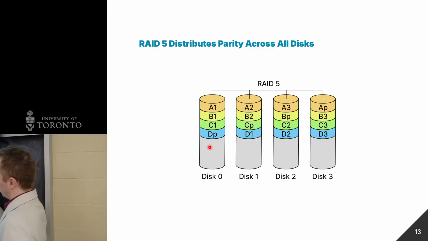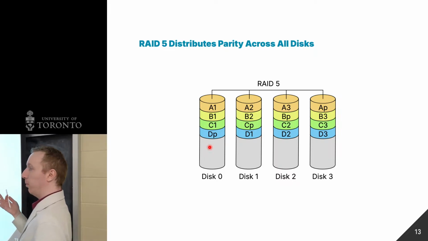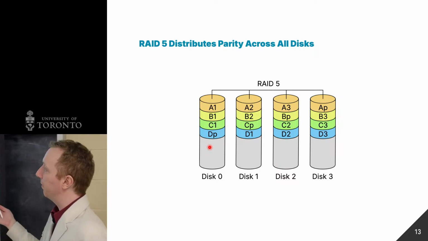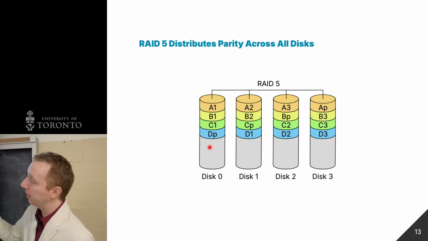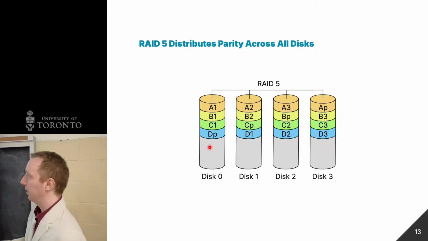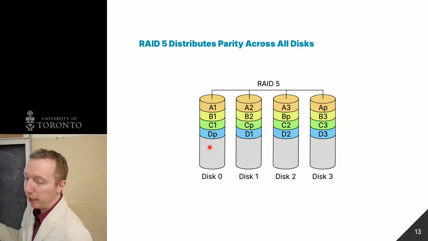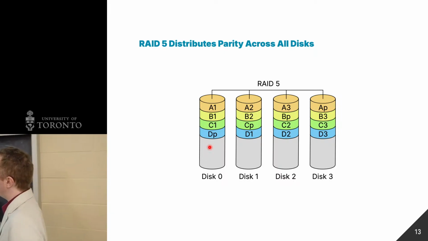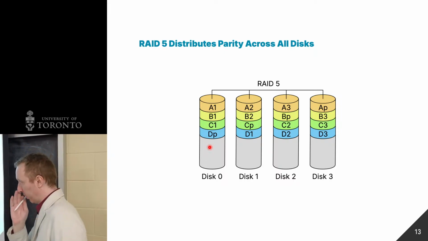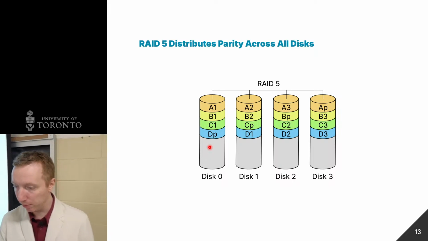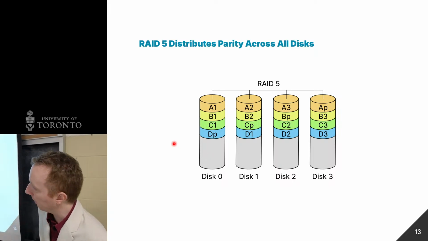So same idea. We basically have 1 disk worth of parity, but instead of everything being concentrated on the same physical disk, we spread it out over all the disks. And the whole idea is that you spread out all of those writes, and then hopefully you get better performance. But the idea is the same.